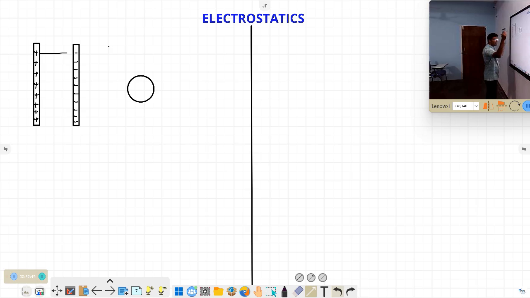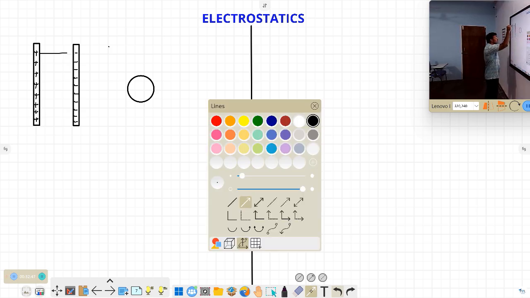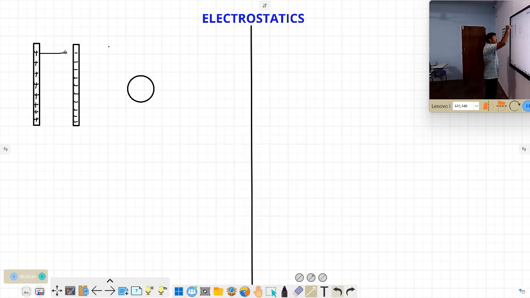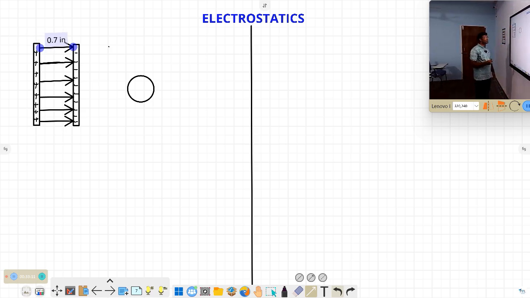The electric lines of forces start from the positive and end at negative. We can take many lines starting from positive and ending at negative. These lines are uniformly spread, because there is equal distance between them. That is what is called a uniform electric field.